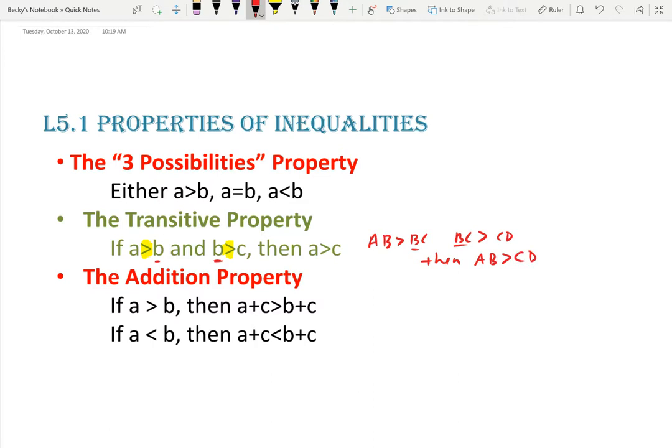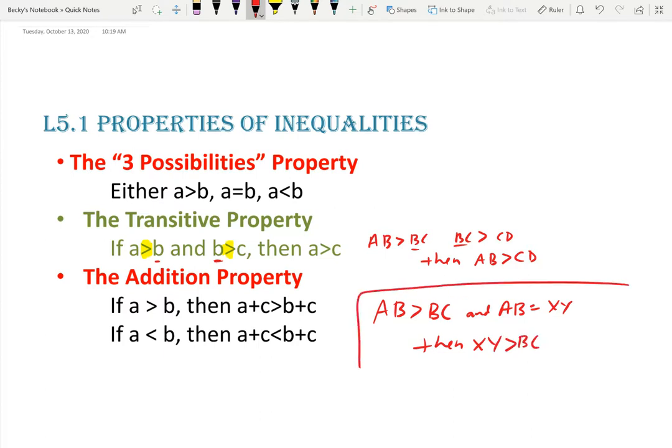Now, the only time this becomes tricky is when they give you one inequality and one equals. So if they give you AB is greater than BC, and then they give you AB is equal to XY, then XY is greater than BC. Now this is completely different.